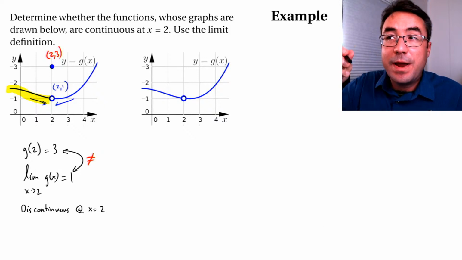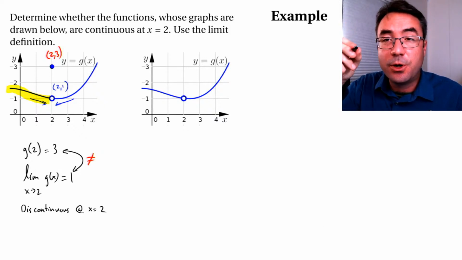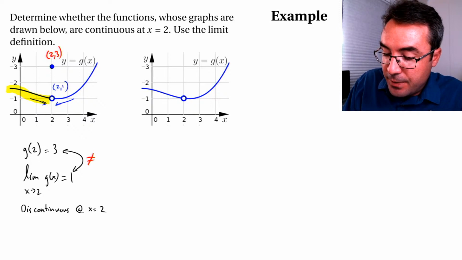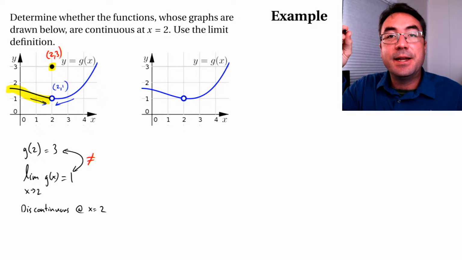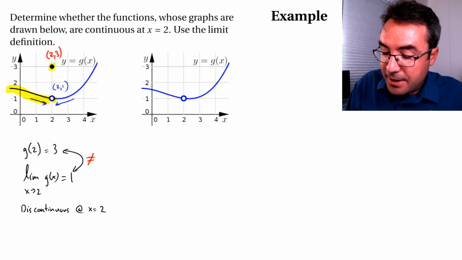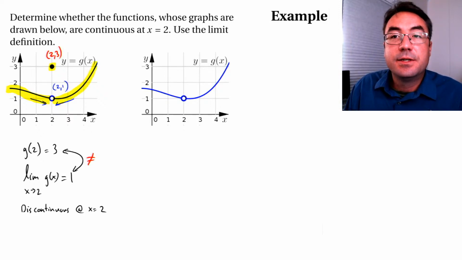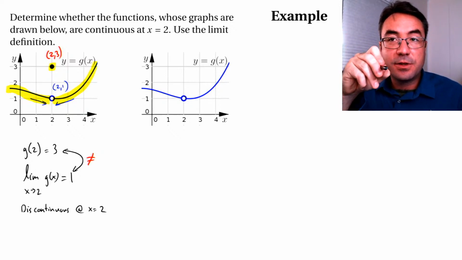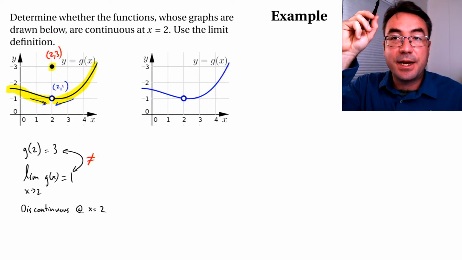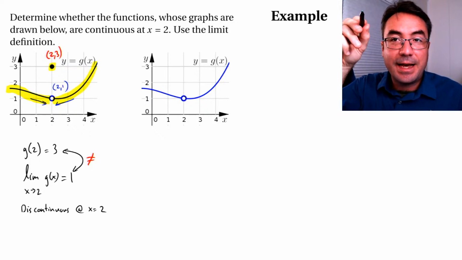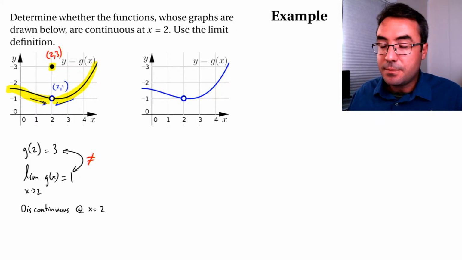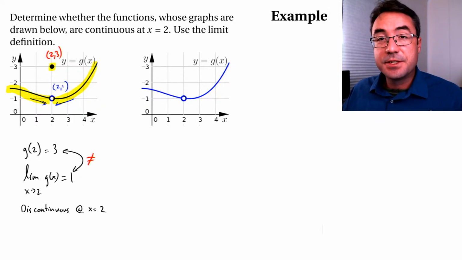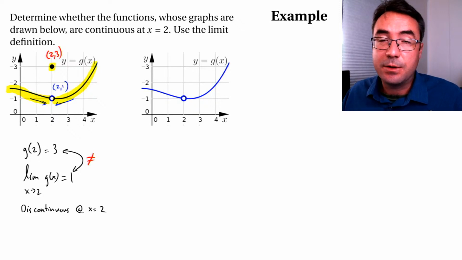We have to take our pen off the page. We don't want to fill that in. Then we have to put it down up here. Then we have to take our pen off the page again, and then we put it back, and then we continue on. So as you're tracing over that curve, you have to literally take your pen off the page, pick it up, draw the dot, then pick that up, put it back down, and keep going. And so we're seeing that this function is discontinuous at x equals 2.